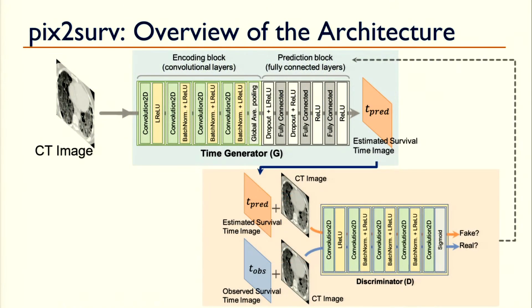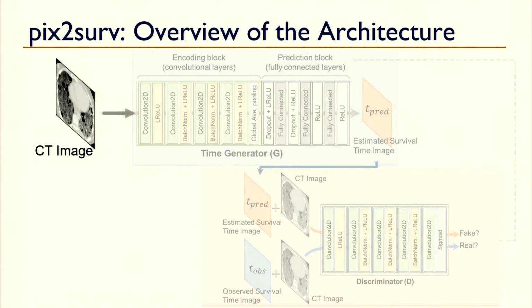This slide shows the overall architecture of the PIX2-SERV model. The model is a conditional GAN that has a generator network called the time generator, and a discriminator network called the discriminator. The input to the PIX2-SERV model are the original input CT images. There is no need for making annotation of lesions.